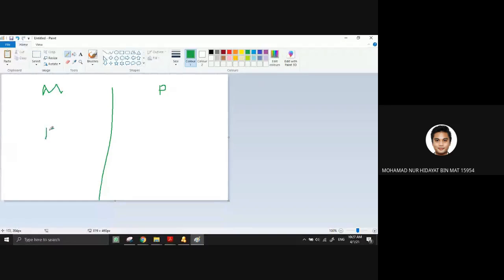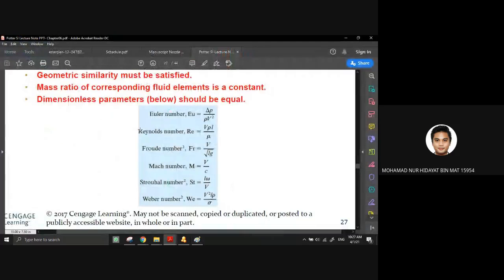The Euler number of the model and the Euler number of the prototype are the same, or the Reynolds number of the model and of the prototype are the same when the dominant effect is significant.